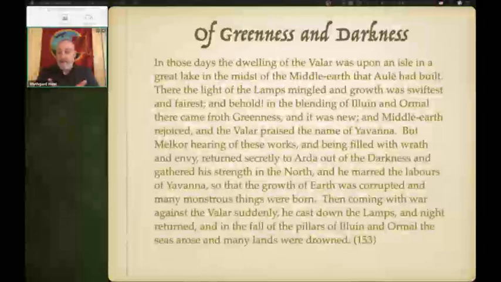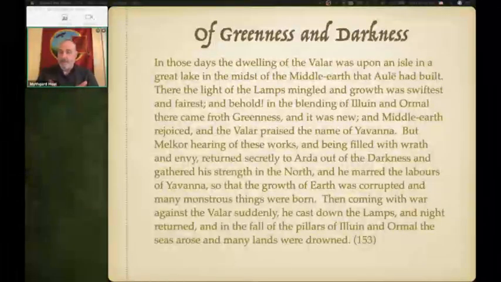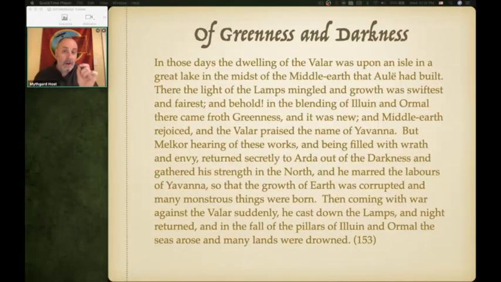I don't believe that word has ever been used before. It's not just about the word, but notice how Tolkien characterizes the thing that triggers Melkor. The thing that triggers Melkor is this wondrous work of Yavanna.